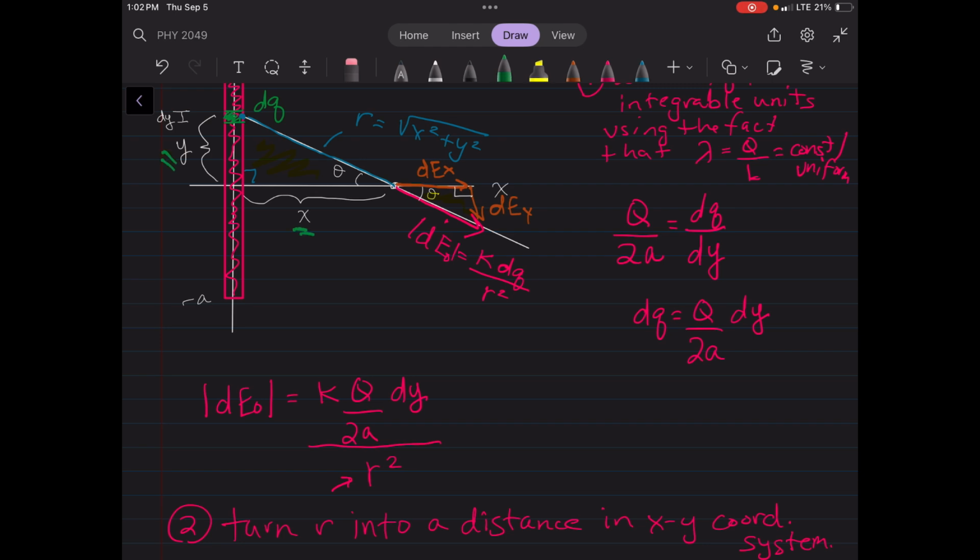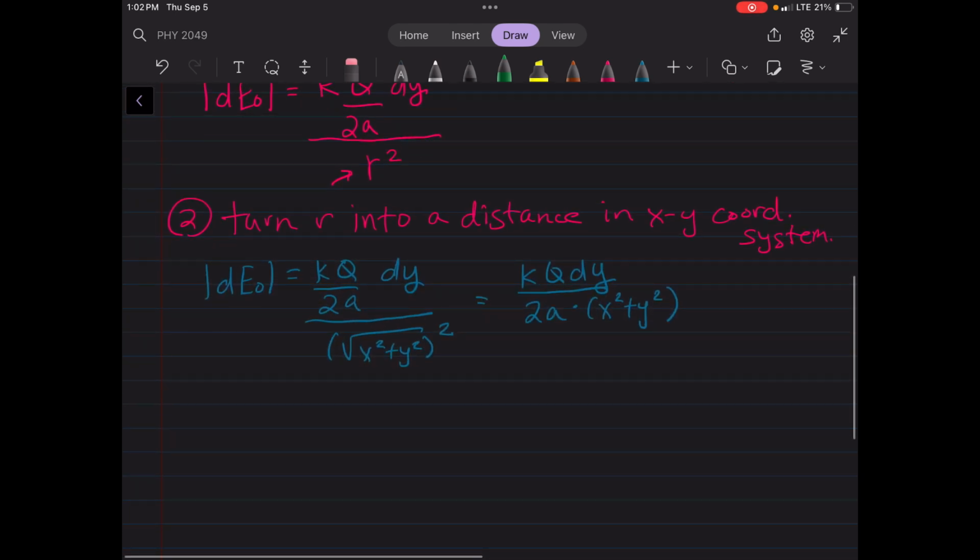I know they're variables, but we know those values. What we don't know is what dEx and dEy are. So let's use our similar triangles. Step 3, break our dE vector into x and y components.